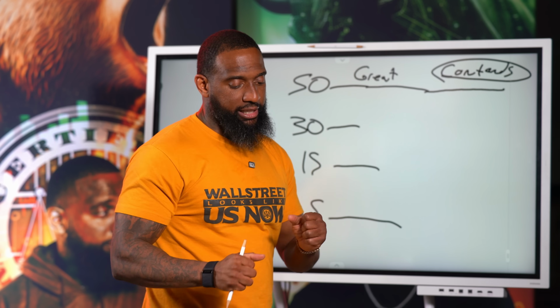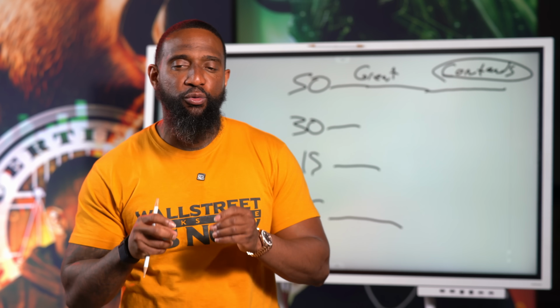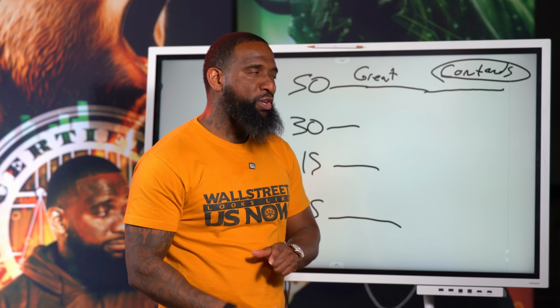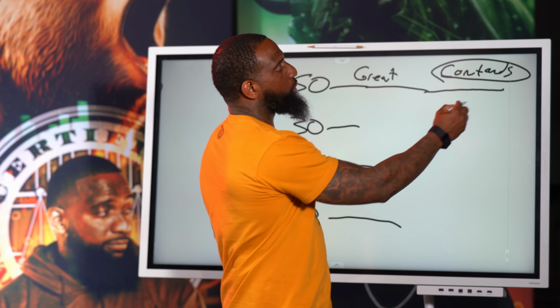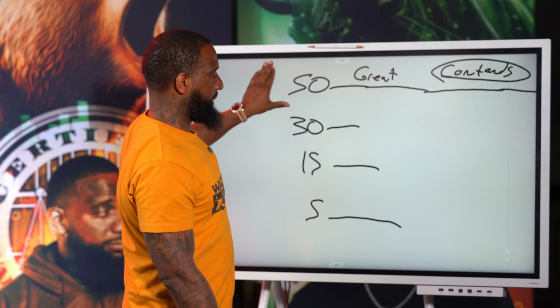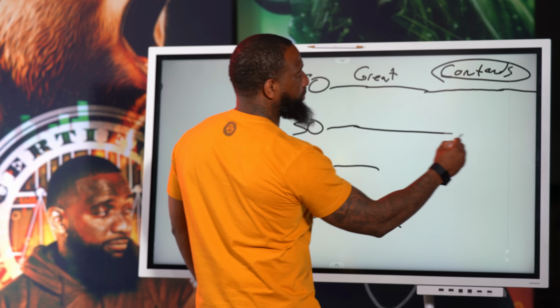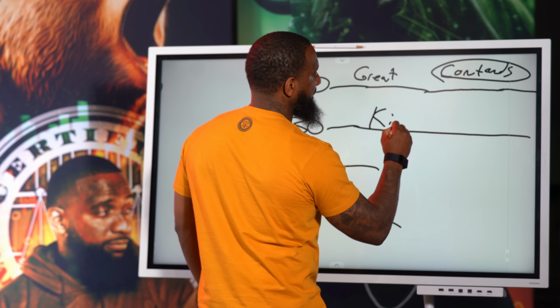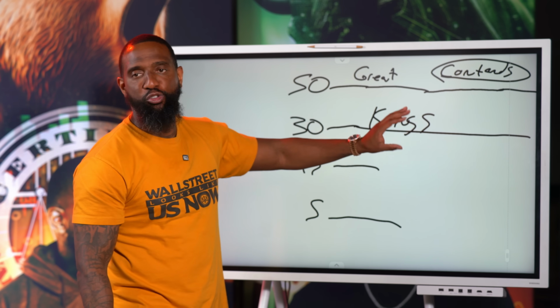Why? Because when you build a portfolio, you want to focus on the dividend, but you want growing companies that are growing that dividend. So I will go with the Contenders as the majority part of it. But I'm going to show you something different. At this 30% part, I will go with my Kings, because this is the generational passive income.